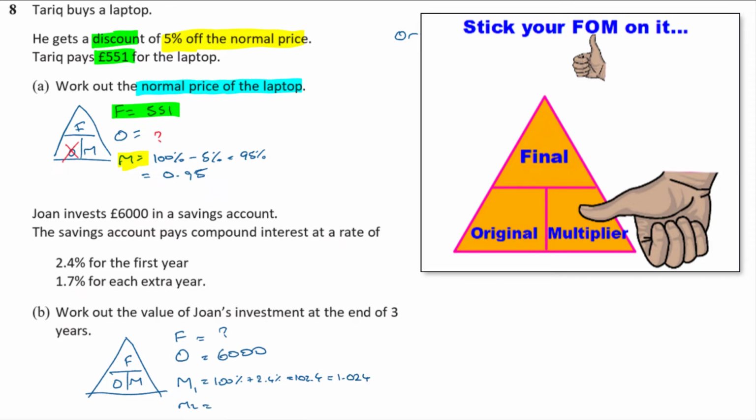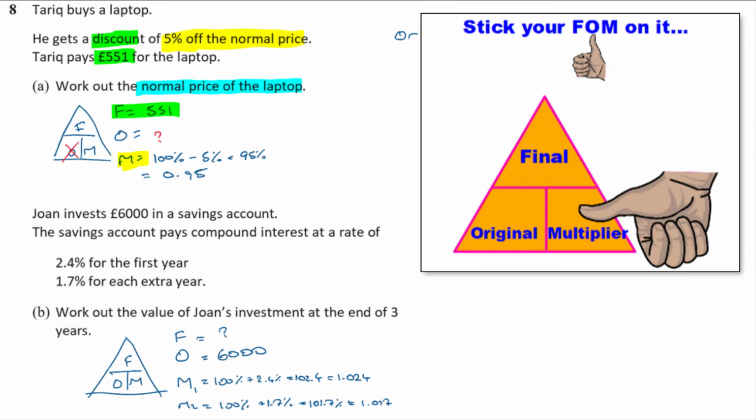My second multiplier is going to be 100% plus 1.7%, and that is equal to 101.7%, which is the same thing as 1.017. I do recommend doing it the long way like that. Students often make mistakes with these zeros and getting the numbers in the right place for their multiplier.